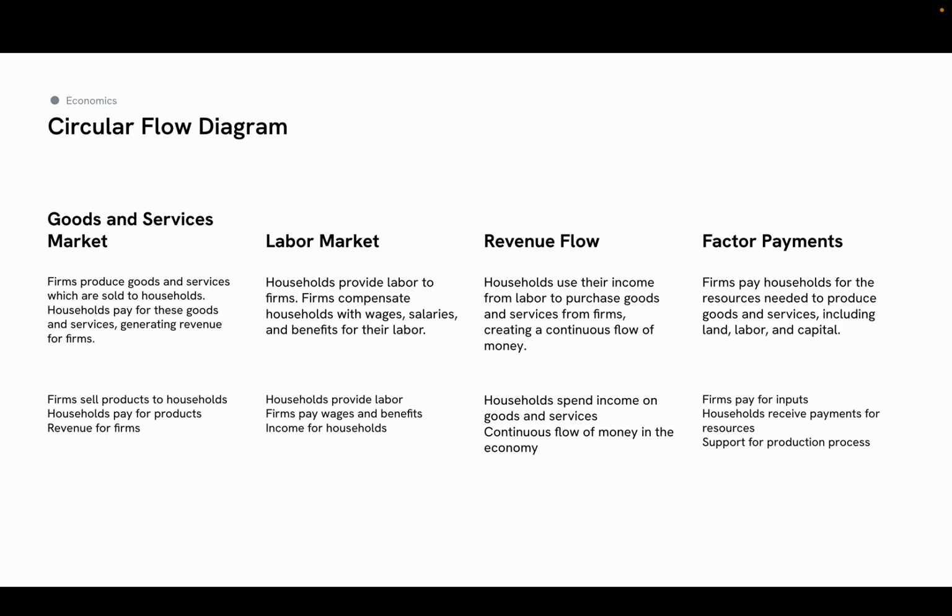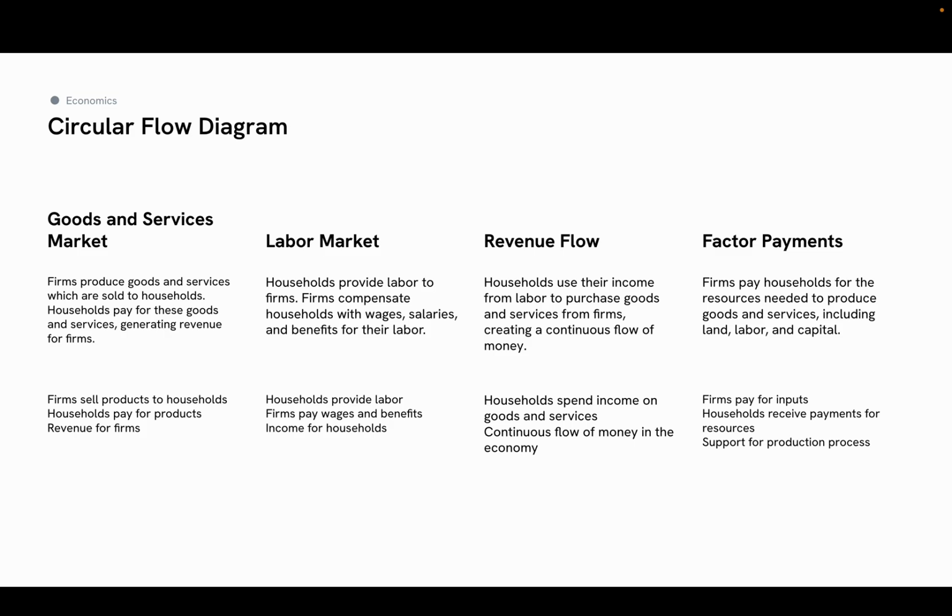And the circular flow diagram. This is a simplified model. The circular flow diagram is crucial in economics because it distills complex interactions into manageable and understandable forms.